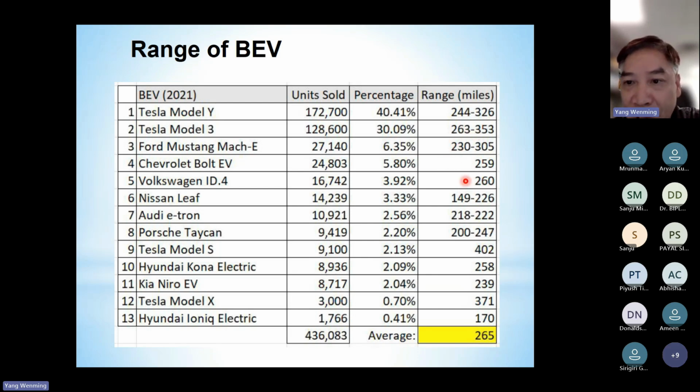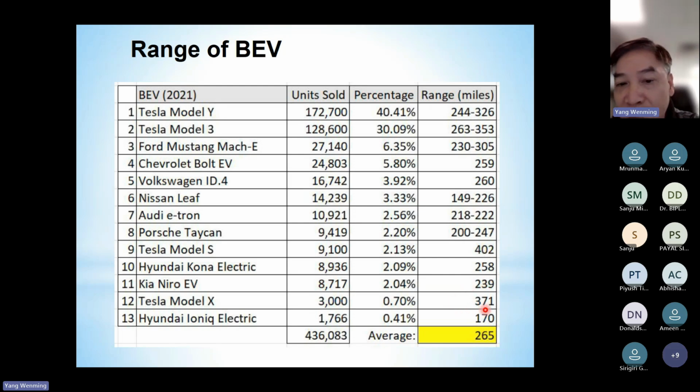And the rest is only 140. This one, the Nissan, is the shortest, and can only cover about 149 to 226 miles every recharge. This one, the Tesla Model S, has the longest range and can reach 402 miles per charge.